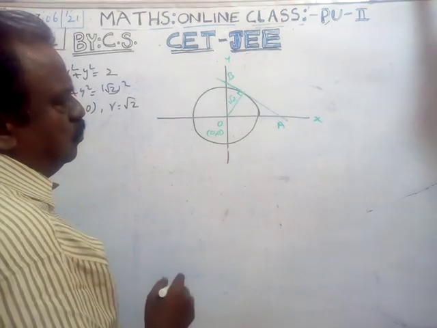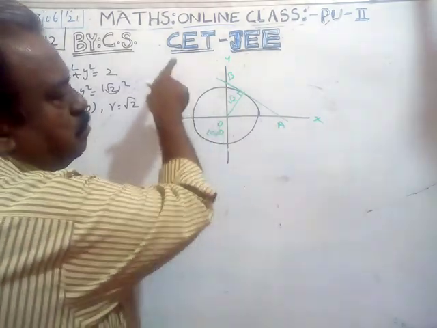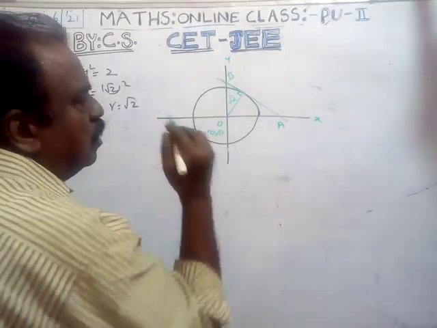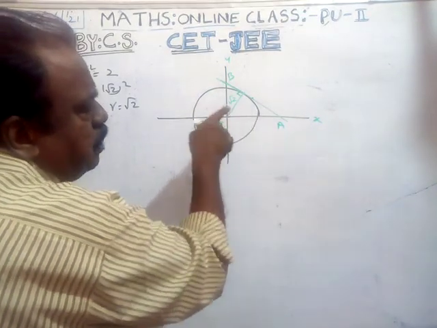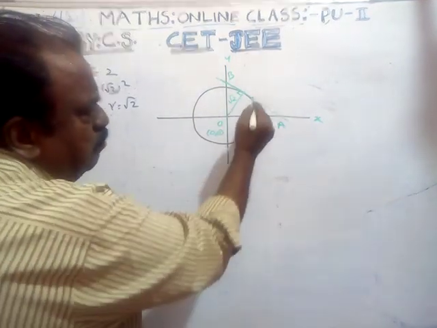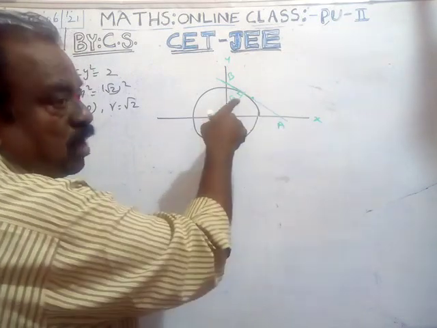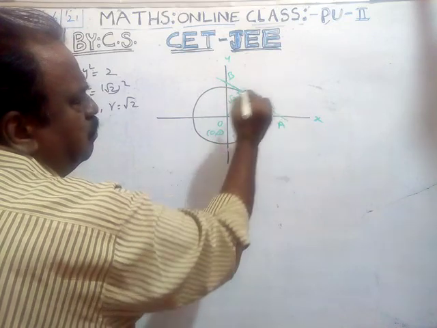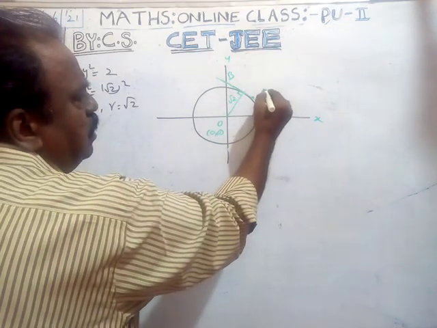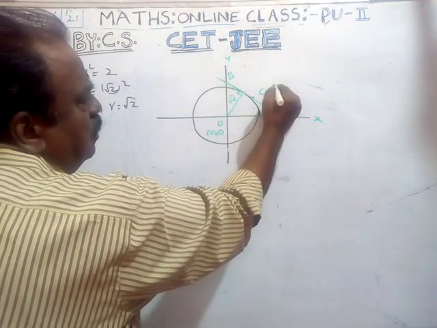The radius is perpendicular to the tangent. We have to find the midpoint. The midpoint is not on the circle, please remember that. Let the midpoint of AB be some point C, with coordinates h, k.